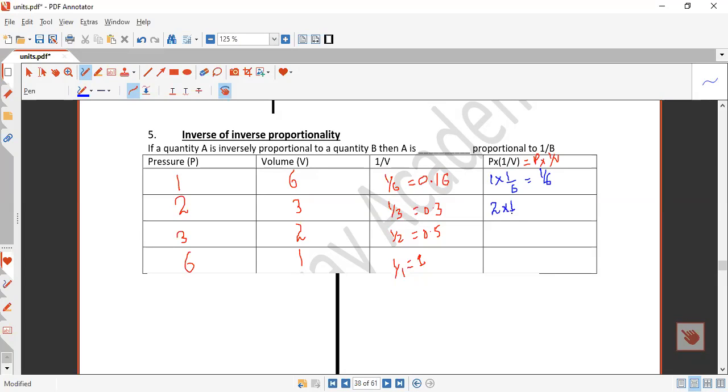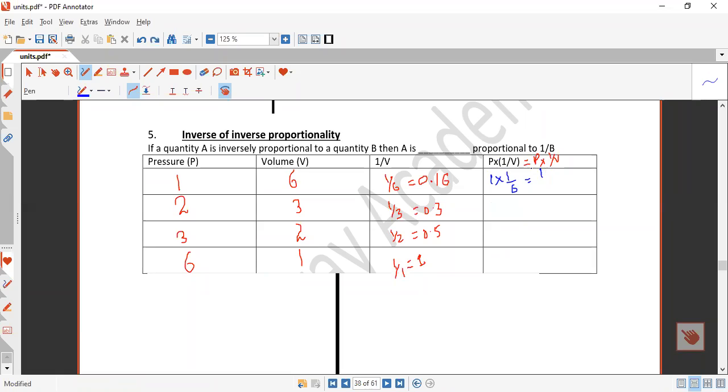Volume is 1 by 3. 1 by V is 1 by 3. So it is, what happened? Okay, sorry, students. We don't have to take the product. We have to take the ratio between P and 1 by V, right?